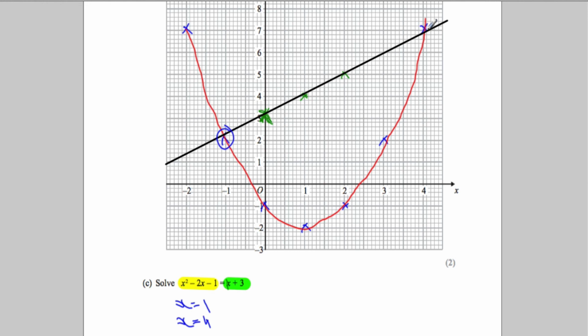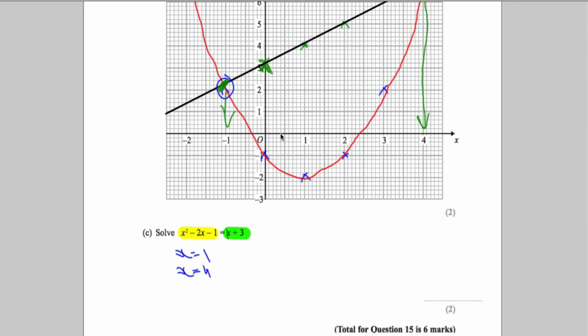You can see from here. I just want to absolutely make sure that this is the point that I'm thinking of. Yeah, it's definitely there. So we just read it off from the graph. When x is 1 and x is 4, I was a wee bit unsure because my graph is a wee bit wobbly, but x equal to 1 and x equal to 4 will get you full marks. So we got 6 marks for that question in total.